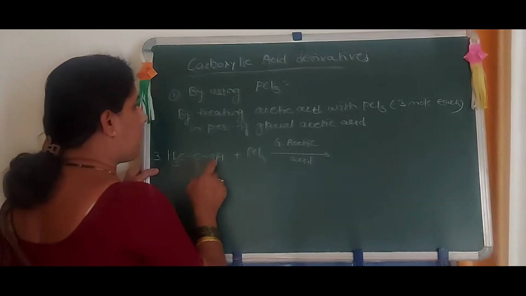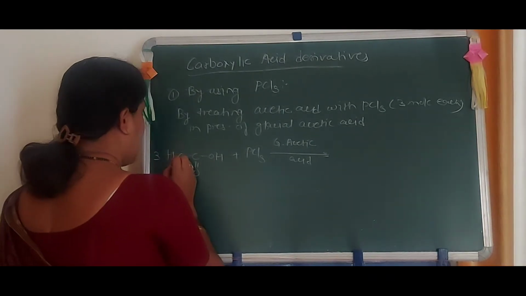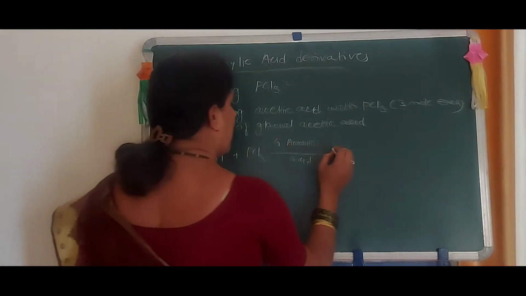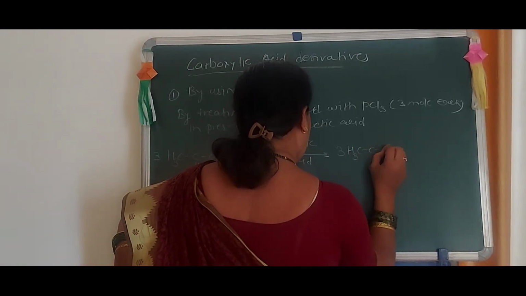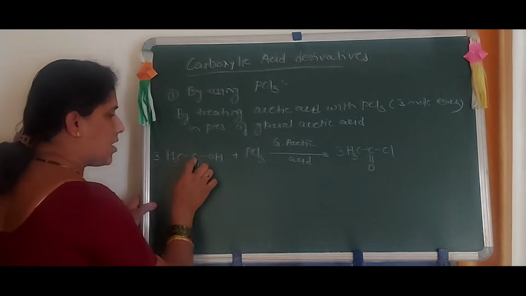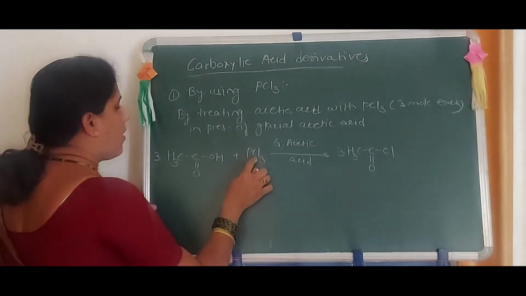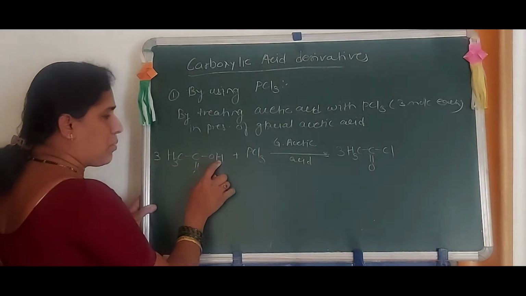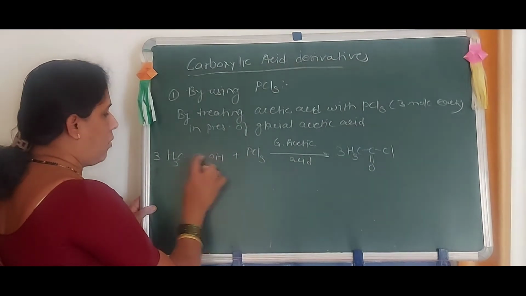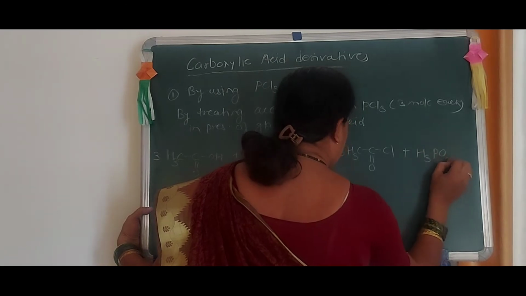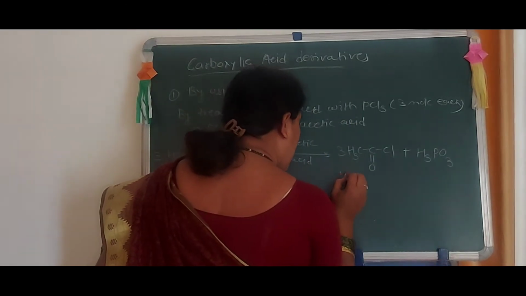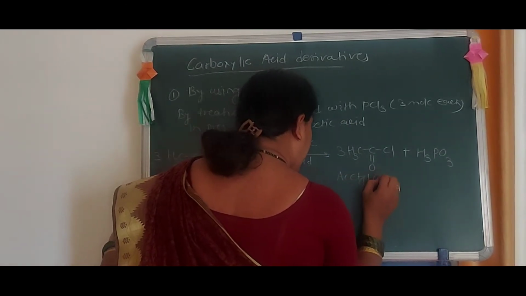Now the formation is of acetyl chloride, 3 CH3COCl. What is the remaining? H3PO3, that is the formation of phosphorous acid. This is the formation of acetyl chloride.